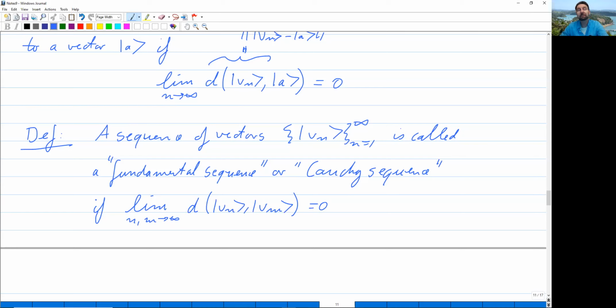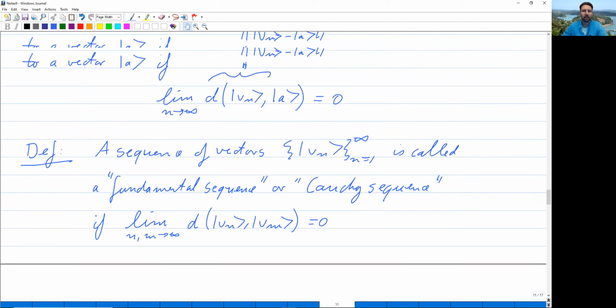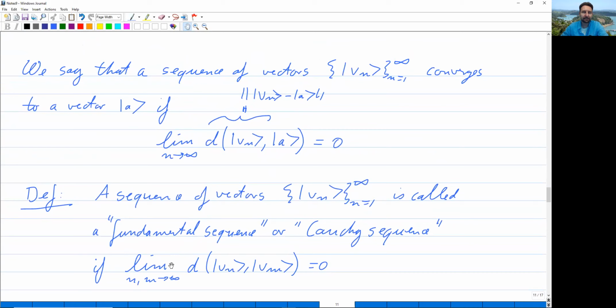So this looks very similar to the definition that we had earlier of convergence. I mean, what does it mean if the distance between successive vectors goes to 0 as n and m increase further and further? It means that as you go down the sequence of vectors, they become more and more similar.